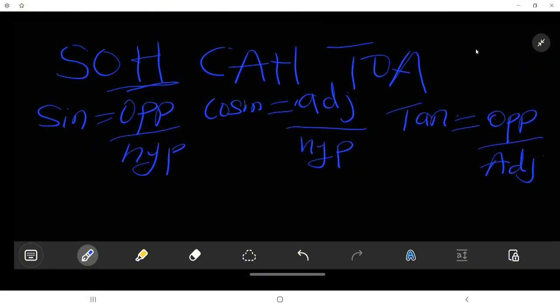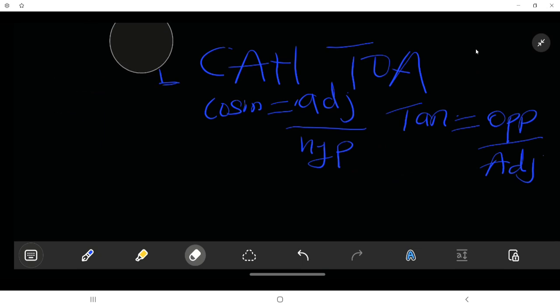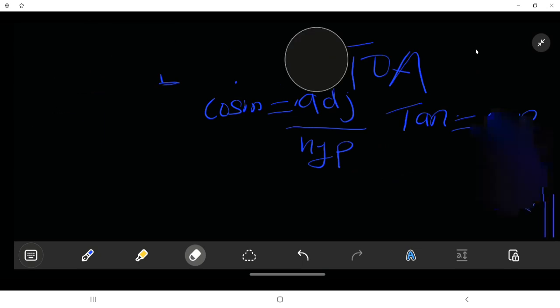That's the angle of elevation, and that of depression is similar, where it's the opposite way around. When you look from your horizontal line and you decide to drift downwards, that's your angle of depression. So by the end of today's lesson, you'll be able to differentiate between angle of elevation and angle of depression.